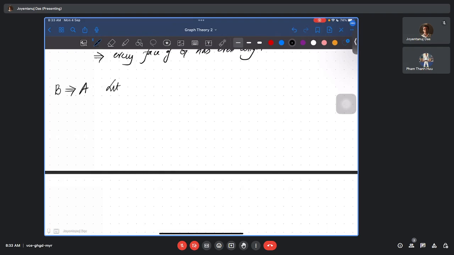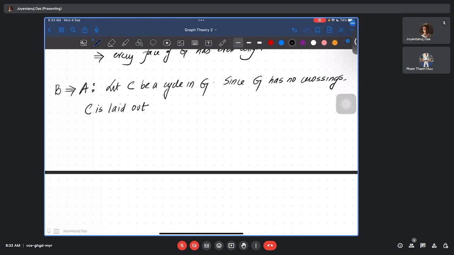So let C be a cycle in G. Since G has no crossing, C is laid out as a simple closed curve, right? So since it does not have a crossing, I can draw the cycle as a simple closed curve, right?